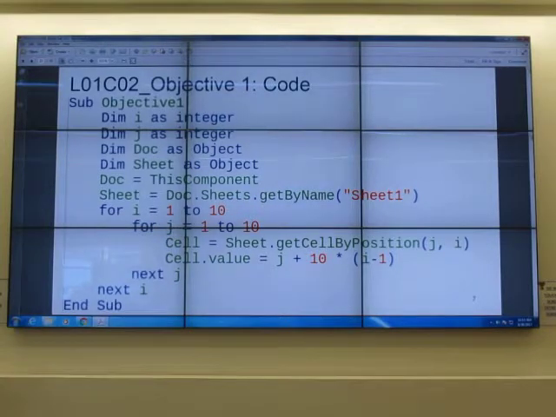So for column j, row I, we write the value, cell.value equal to j plus 10 multiplied by (I minus 1). That's a formula that we already have. So you already know that if you want to write any number, 10 numbers per row, from 1 to 100, then for row I, column j, that's the formula.